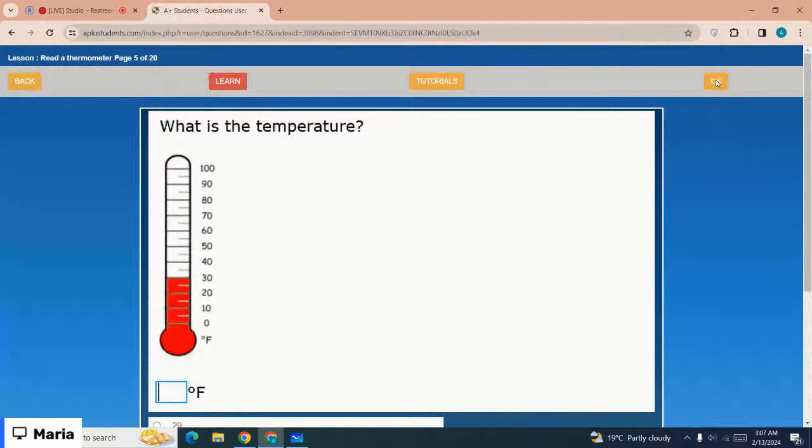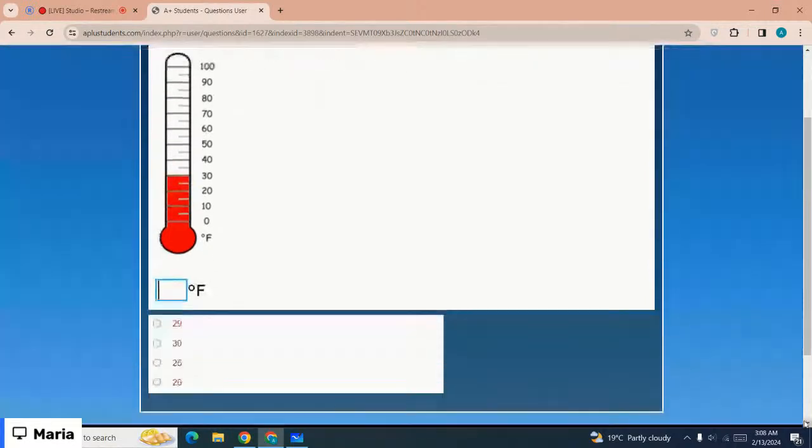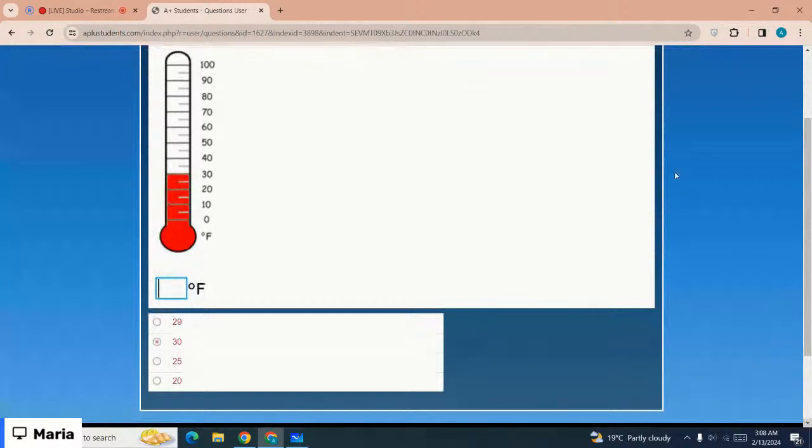The next one is, what is the temperature? Which is the correct option? Yes, that is 30 degrees Fahrenheit. The correct option is 30 degrees Fahrenheit. Got it?